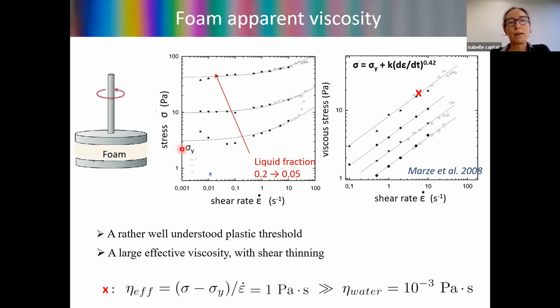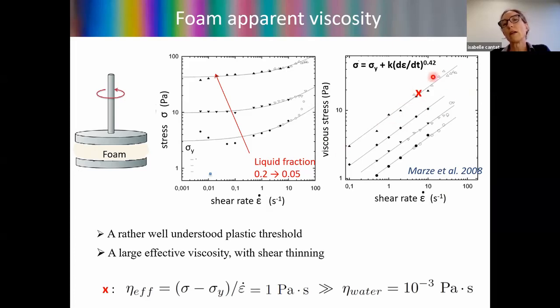So now in this talk, the yield stress is relatively well understood in foams, and I will be much more interested in this part of the curve that you can represent after subtraction of the yield stress on this graph, to show that the viscous stress is a sublinear power law of the shear rate. So the viscous stress is defined as the stress minus the yield stress.